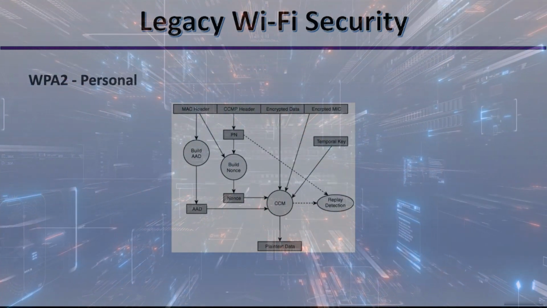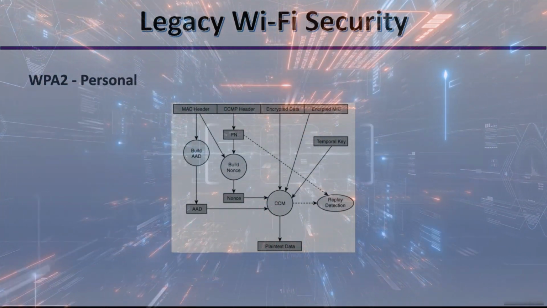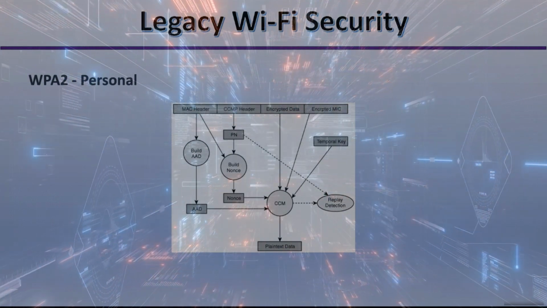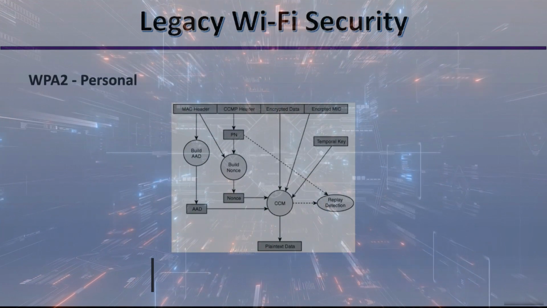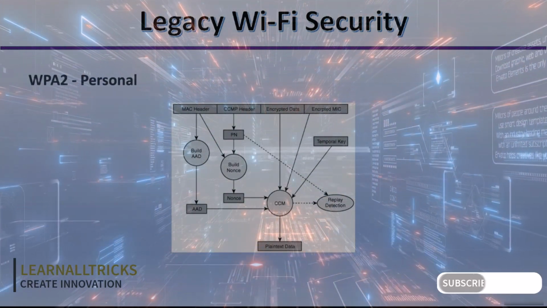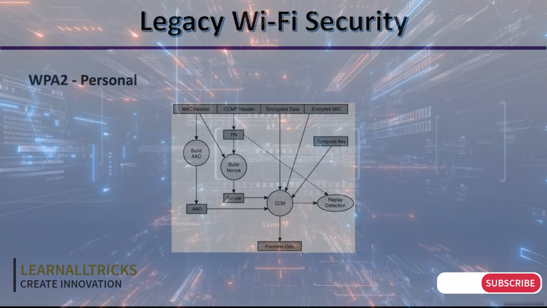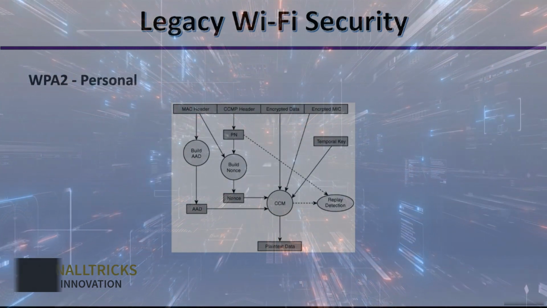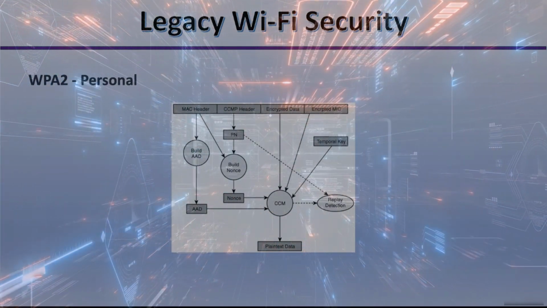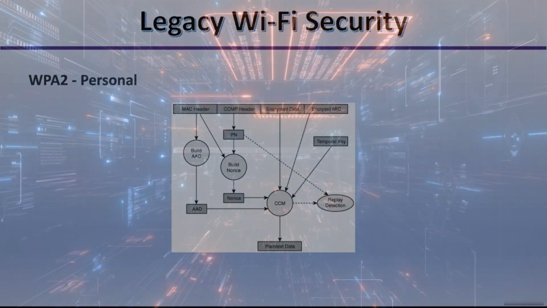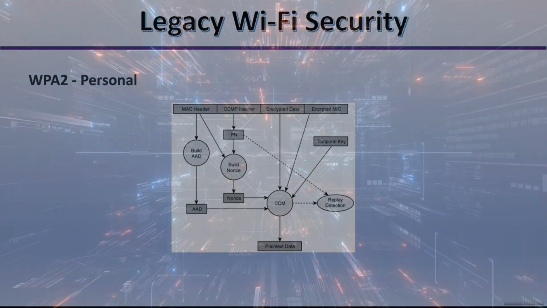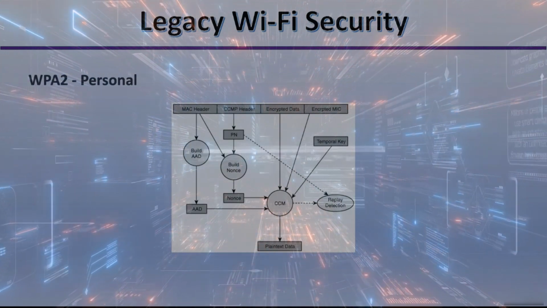Now, as part of the encryption process, the CCMP header is created, and it includes fields necessary for encryption, such as the packet number and the key ID. Now, additionally, the CCMP header incorporates the encrypted MIC, which is a value calculated over the plain text data. And this encrypted MIC helps to verify the integrity of the data during transmission, protecting it from tampering.